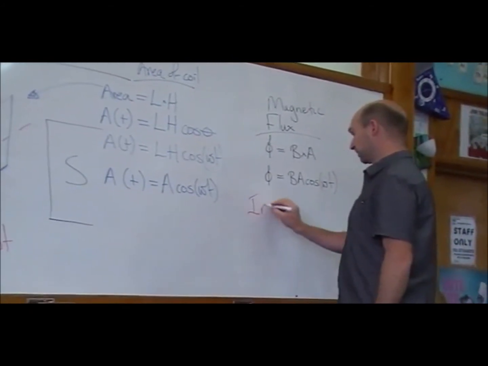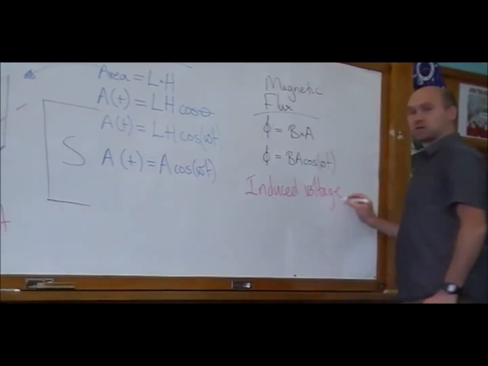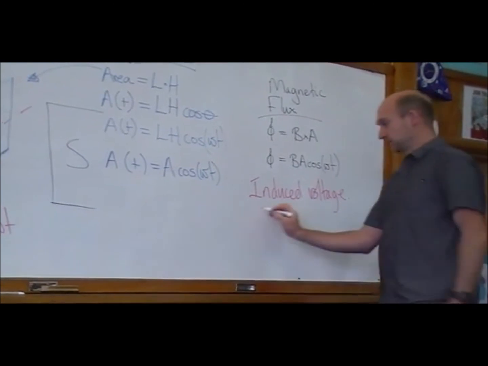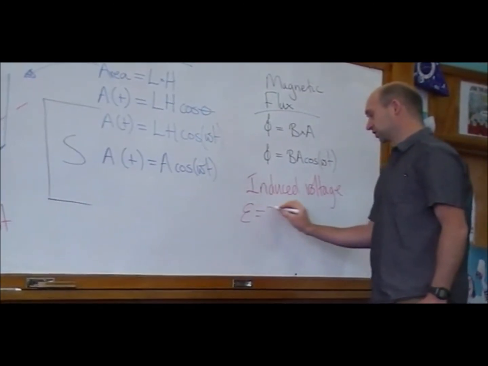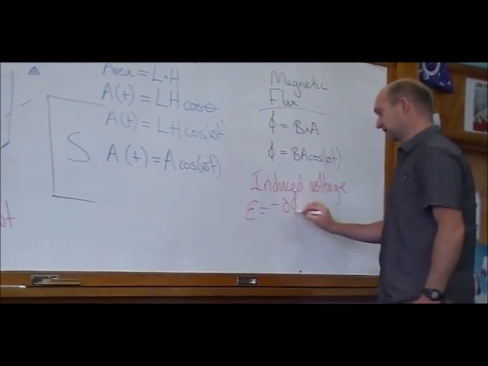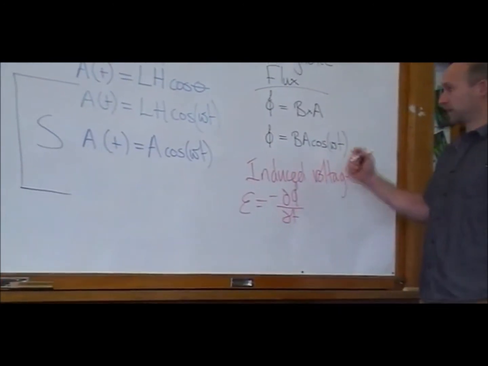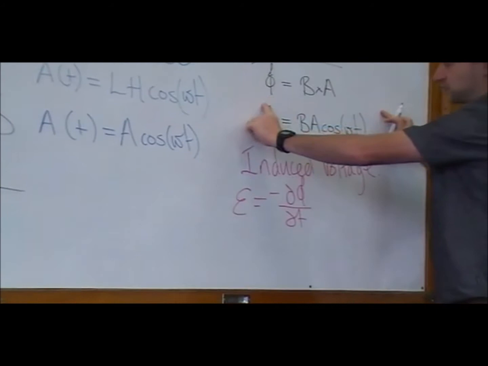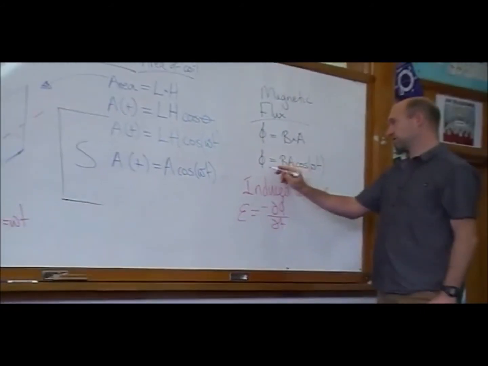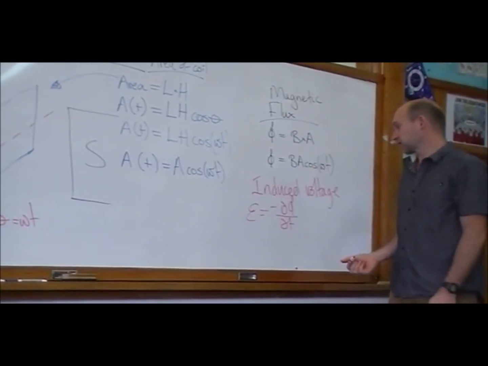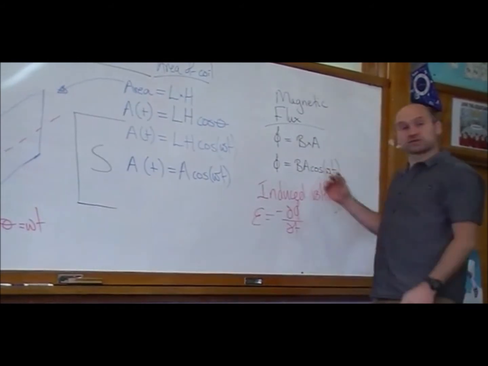Okay, so induced voltage, we're thinking about Faraday's law, and so induced voltage is minus d phi by dt. And so what we're going to do is differentiate our phi, BA cos omega t, with respect to t.